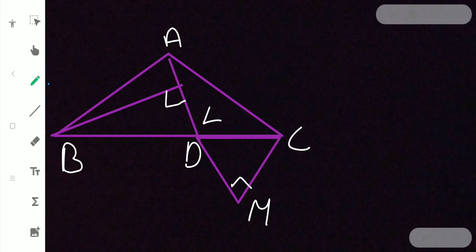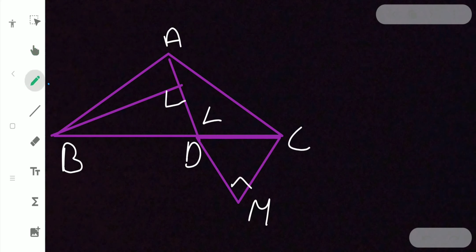I forgot to mark one thing: this line BL is equal to CM, that is given in the question itself. Now I will prove the congruency.